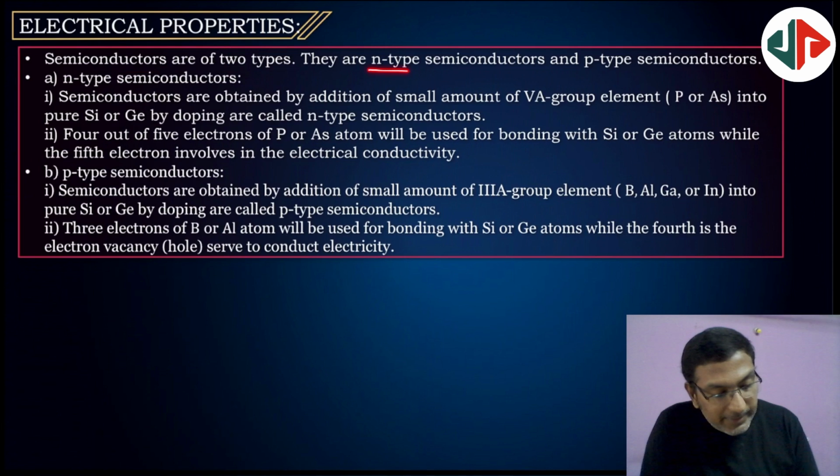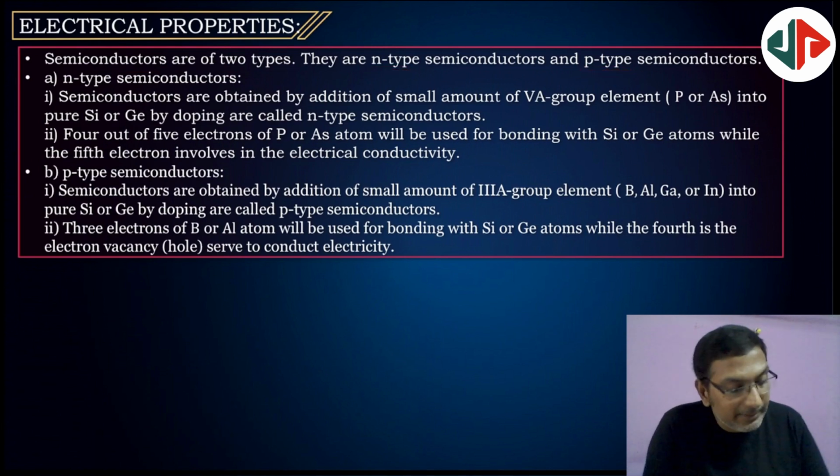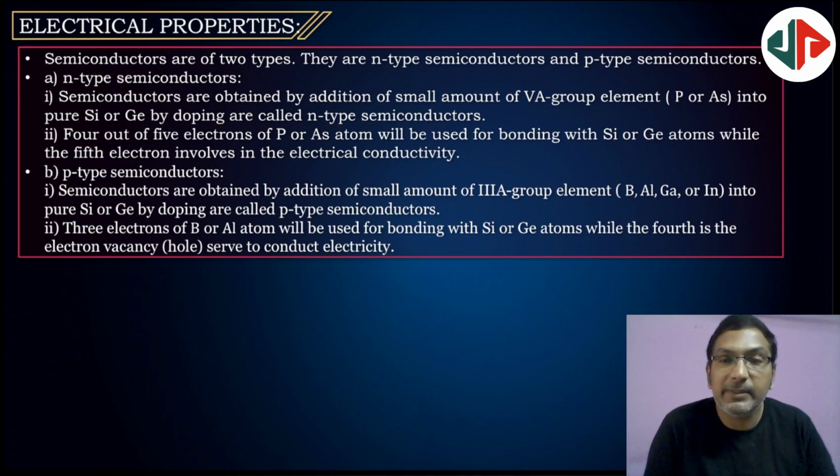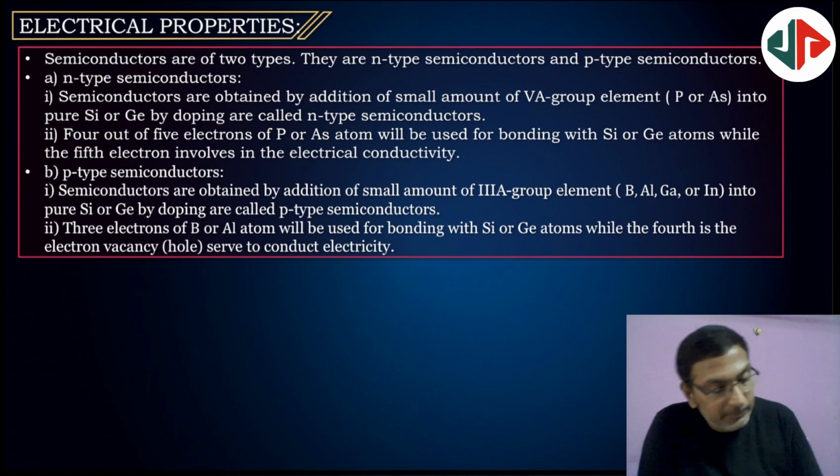These are of two types, N type and P type semiconductors. N type semiconductors are obtained by addition of a small amount of a fifth A group element, phosphorus or arsenic, into pure silicon or germanium.